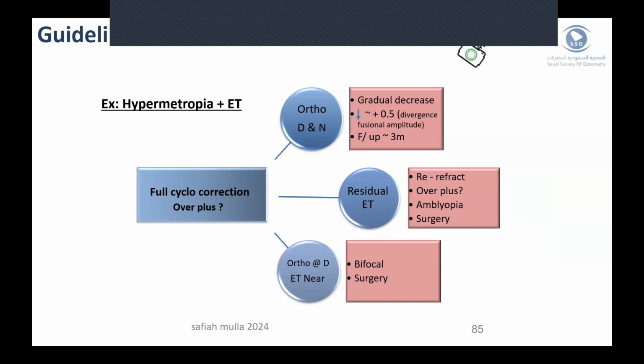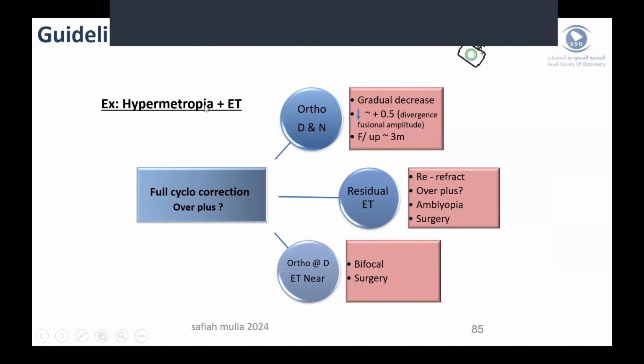This is a summary of some of the cases. I think it's 50% of the patients will be with this scenario, so I'm going to talk about this scenario for you. It summarizes all the things that we have said before. Let's say the child comes to your clinic, he has hypermetropia plus esotropia.